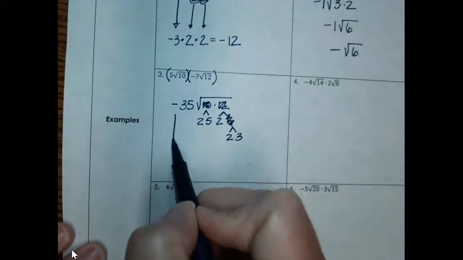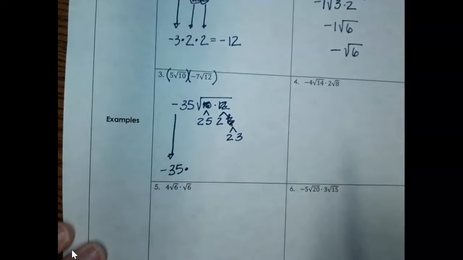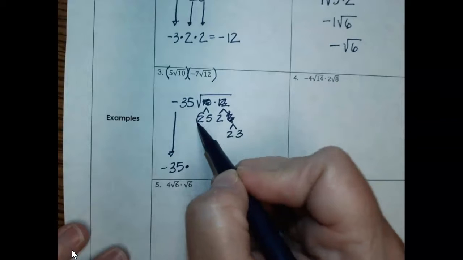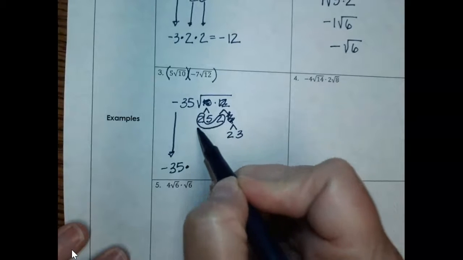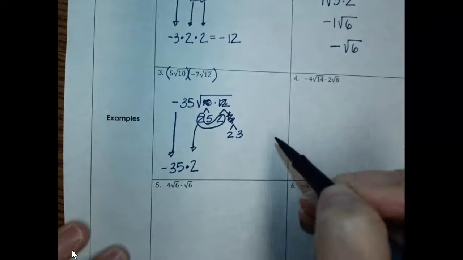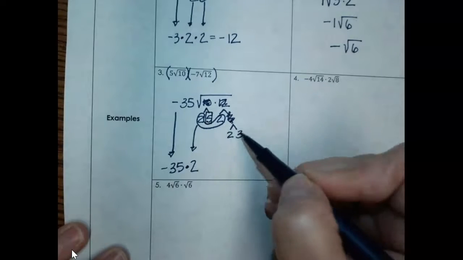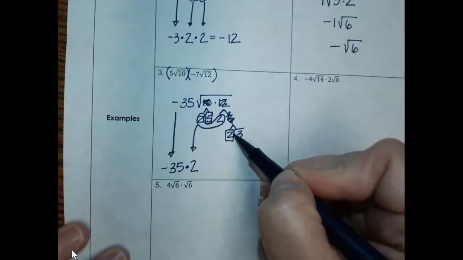Okay, so let's see what we've got. I've got my negative 35 that's going to come down, and anything else that comes out is going to multiply to it. I have a pair of 2's right here, so I'm going to bring a 2 out. I don't see any other pairs. I see a single 5, a single 2, and a single 3.